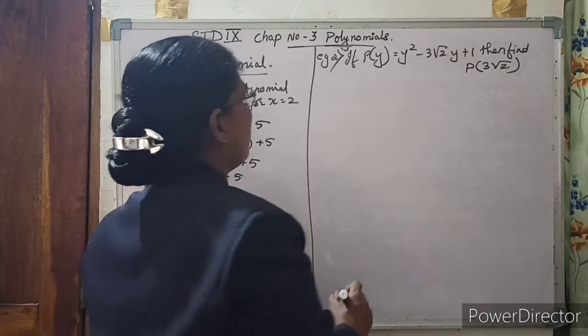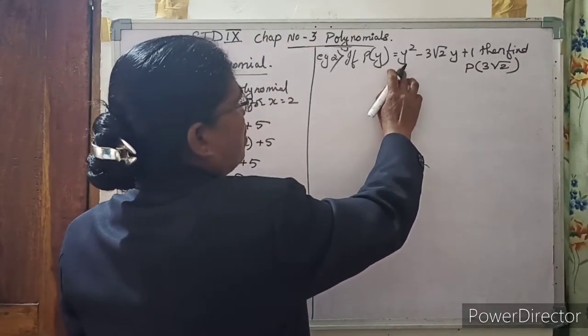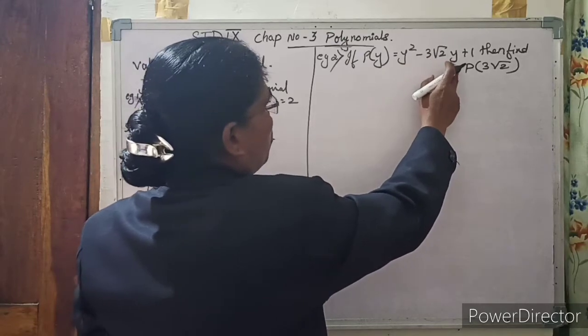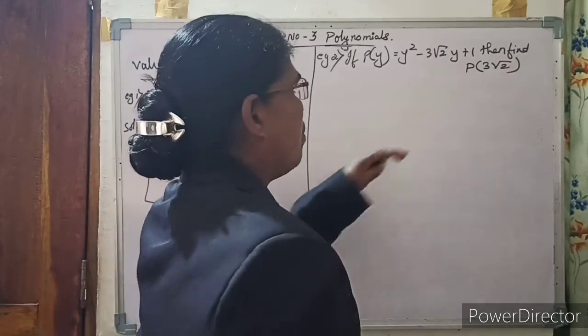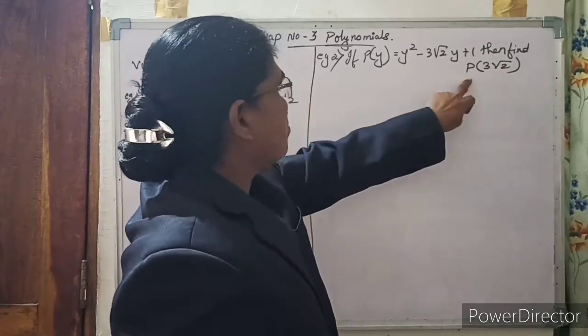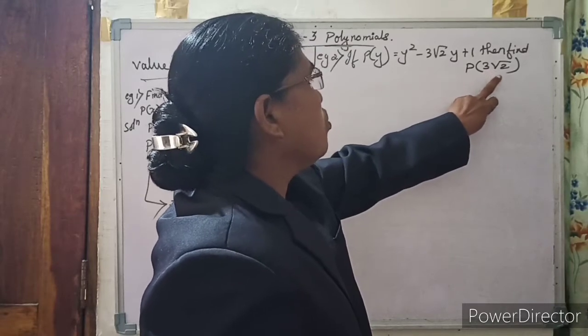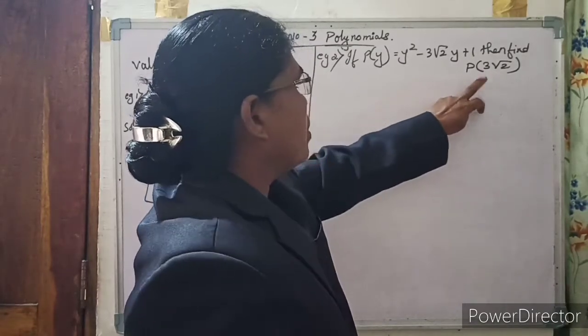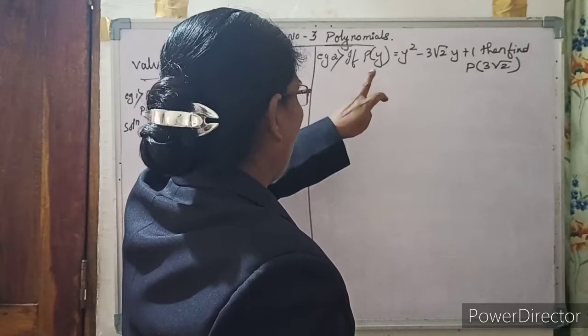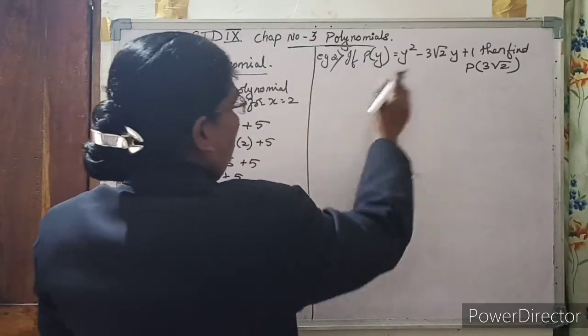Now we go to the next question, example 2. If p(y) is given as y squared minus 3 root 2 y plus 1, then find p(3 root 2). That means y is equal to 3 root 2. The y value is given as 3 root 2. Now we find the value of the polynomial.